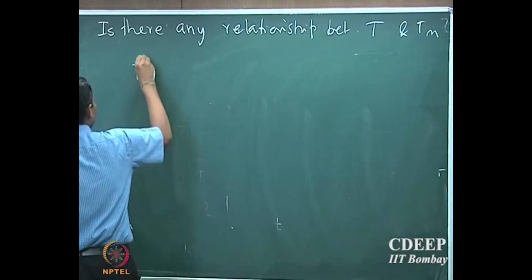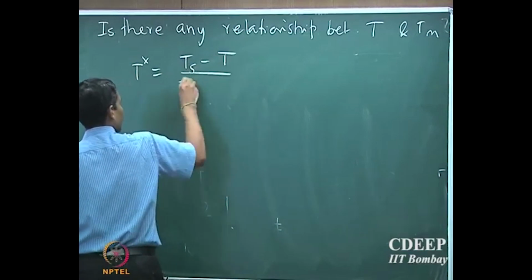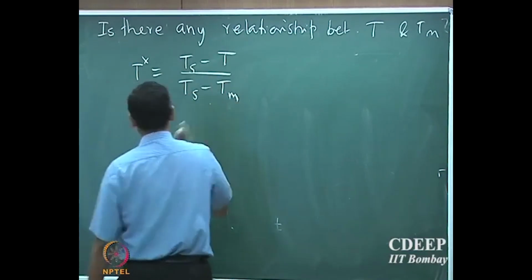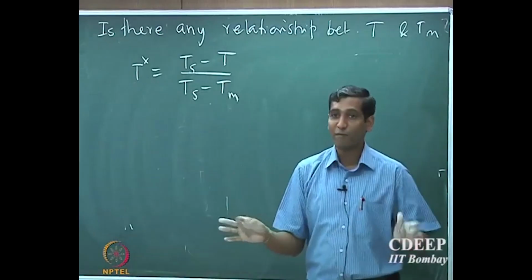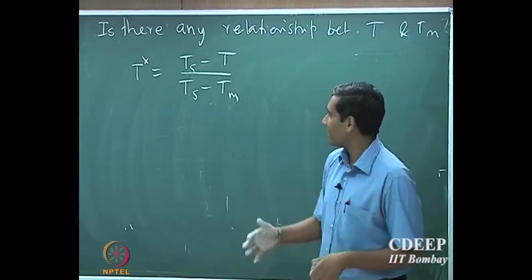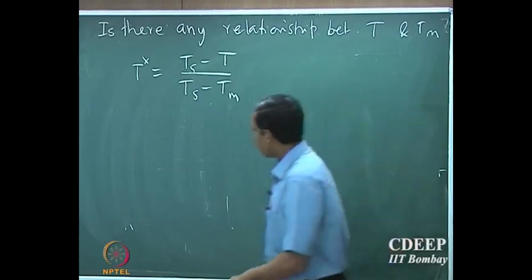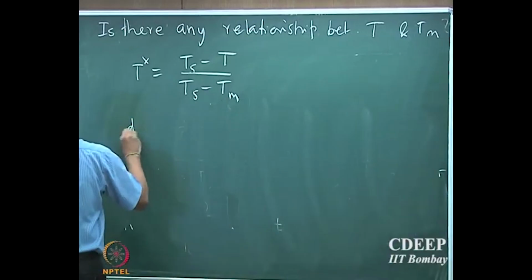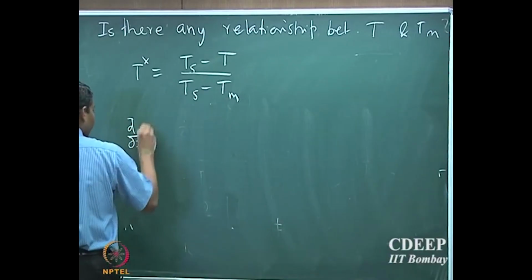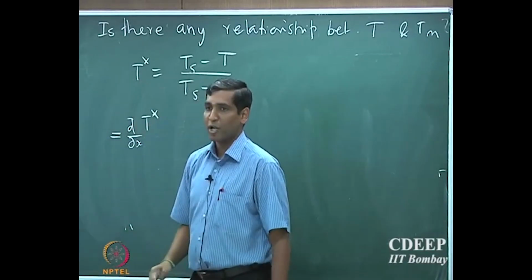So T star is (Ts minus T) by (Ts minus Tm). Okay. So remember that we are not solving the equation, we are not even attempting to solve the equation as of now. Without solving, what is the maximum piece of insight that we can get? Okay. So now if I take the derivative of this with respect to x, what is that? That should be 0, right?